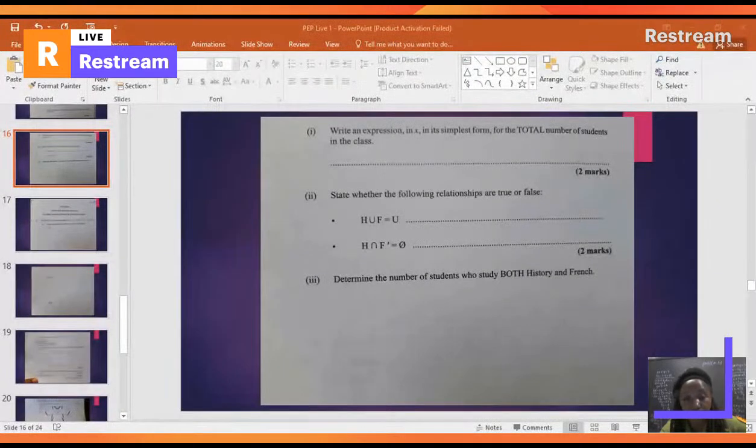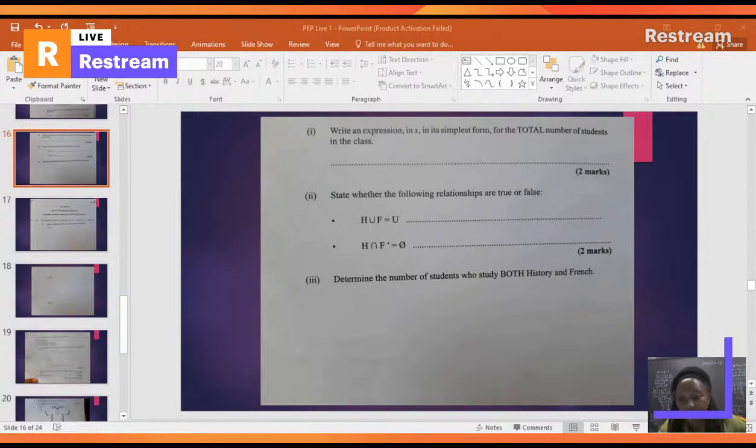That is not true, because remember, there are 5 persons who are a part of the universal set, but not in H or F. So to say that H union F would give us the universal set, that is not true. That's false.